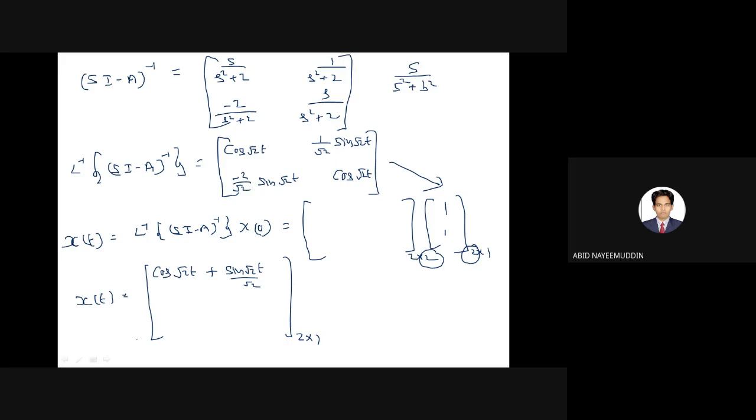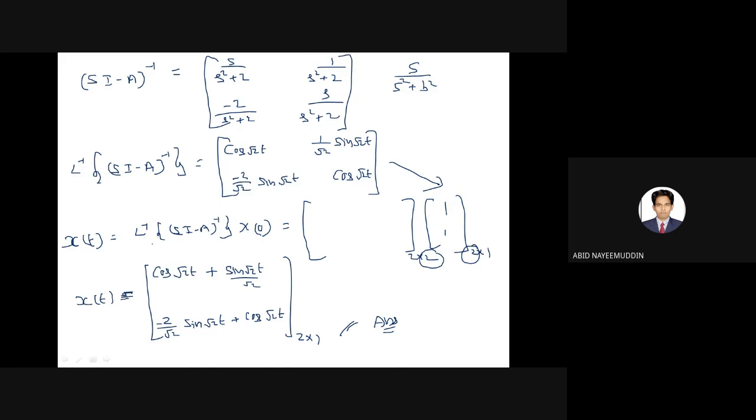And next, minus 2 by root 2 into sine of root 2 into t plus cos of root 2 into t. This is the answer for x of t.